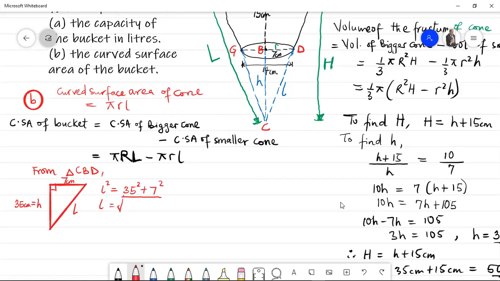Okay, so doing that, 35 squared plus 7 squared gives you 1225 plus 49.